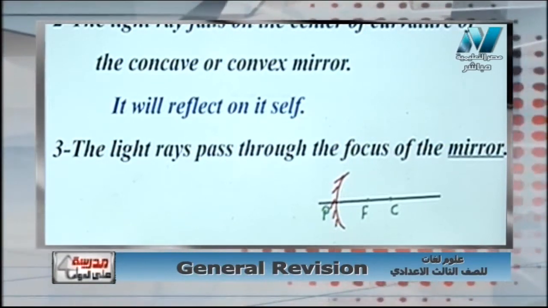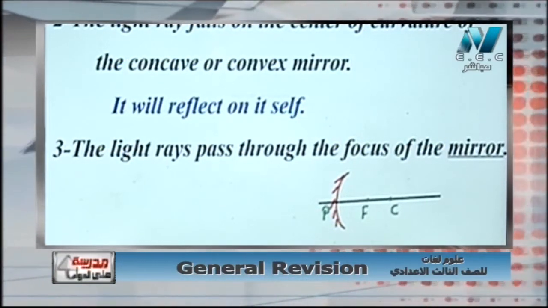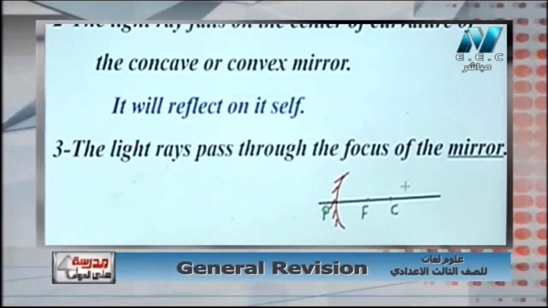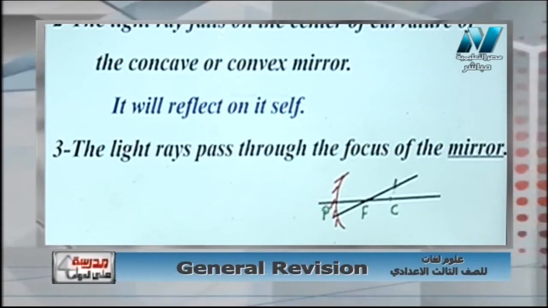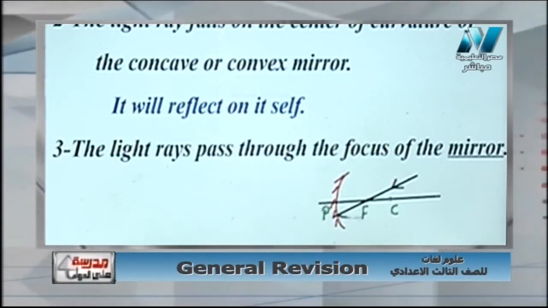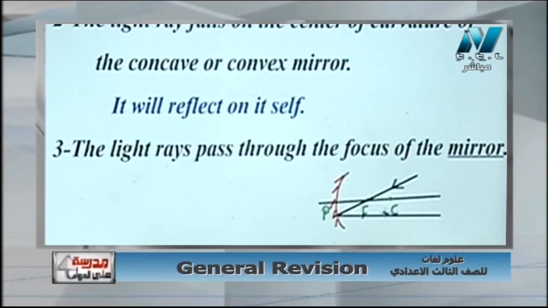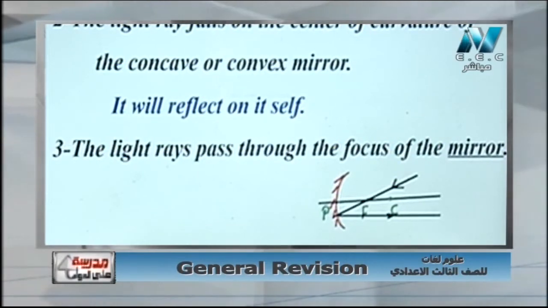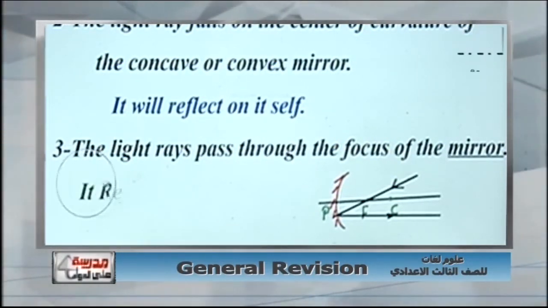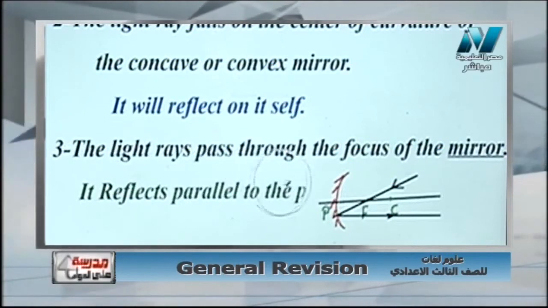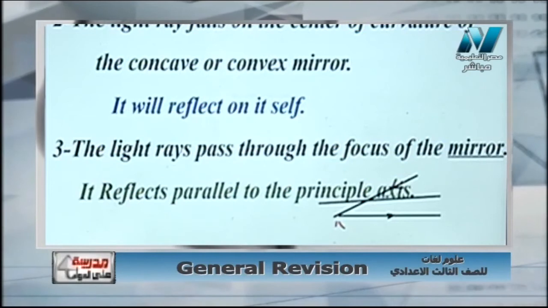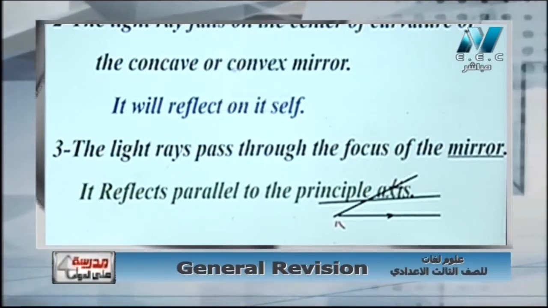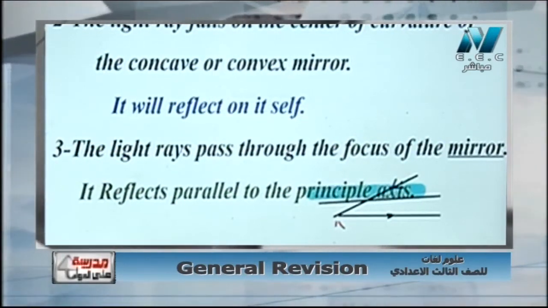If the light ray passes through the focus of the mirror like that, it will reflect parallel to the principal axis like that. So the answer here is it will reflect parallel to the principal axis.